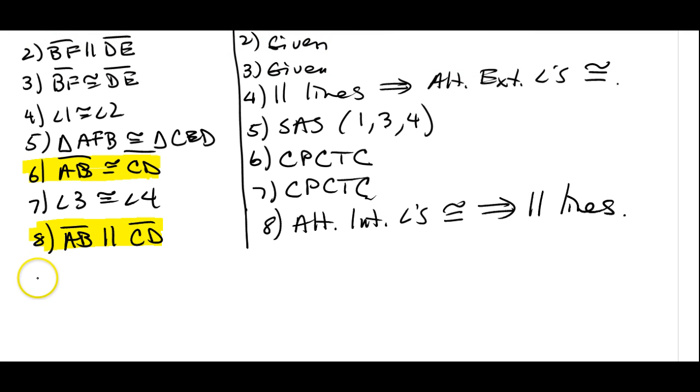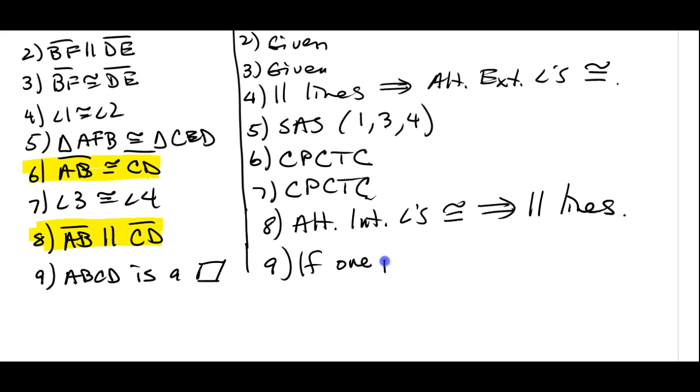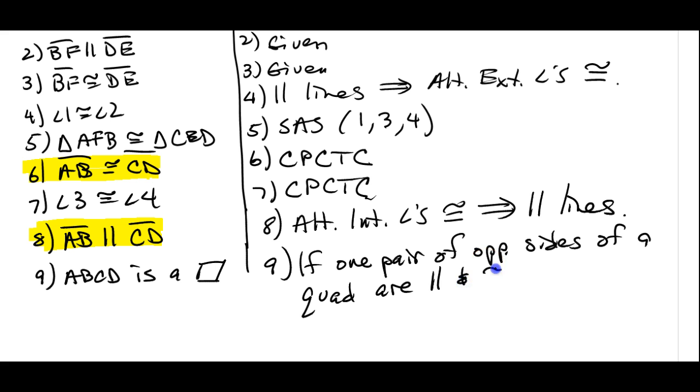So now I can say that ABCD is a parallelogram because if one pair of opposite sides of a quadrilateral are parallel and congruent, then it is a parallelogram.